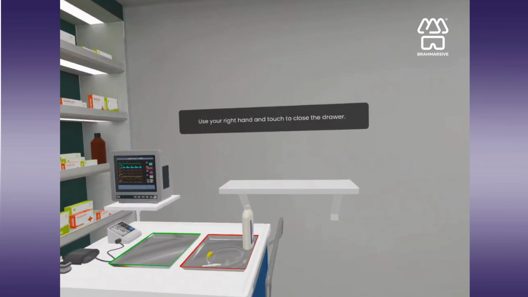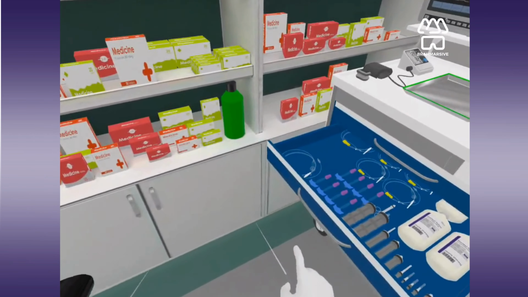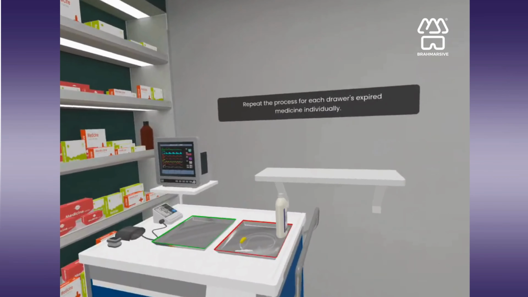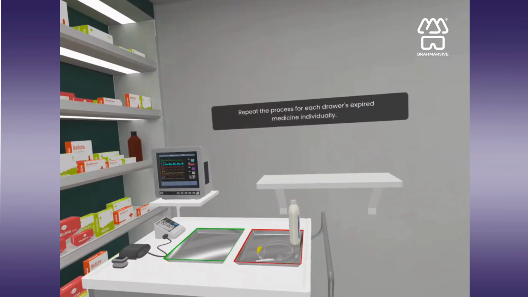Now, use your right hand and touch to close the drawer. Likewise, repeat the process for each drawer's expired medicine individually.